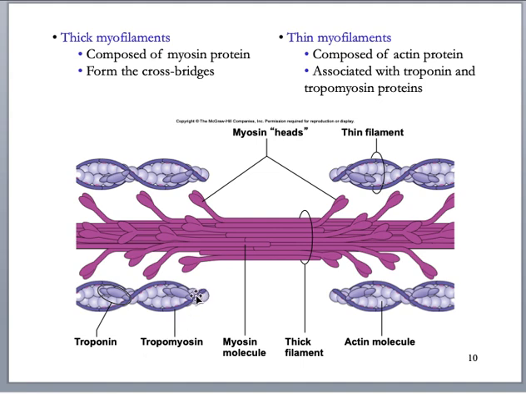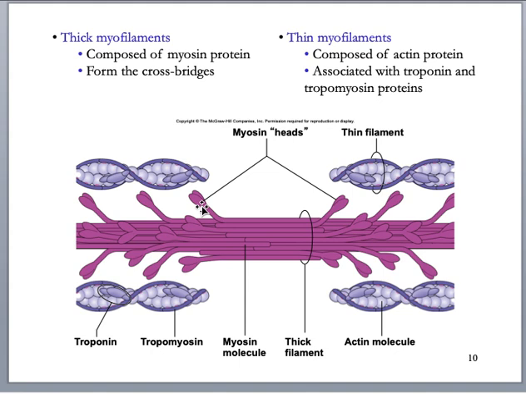Tropomyosin is a protein associated with actin, and it covers the myosin binding sites on actin. So if we want a skeletal muscle to contract, we need these myosin heads to attach to the myosin binding sites on actin.